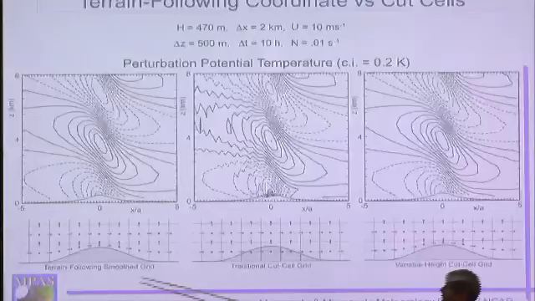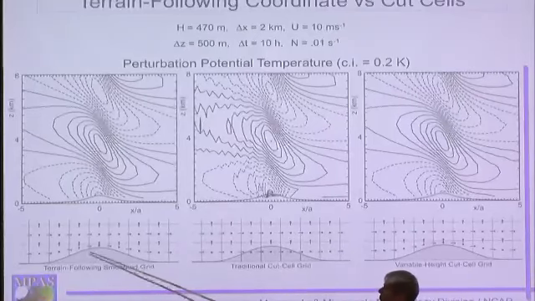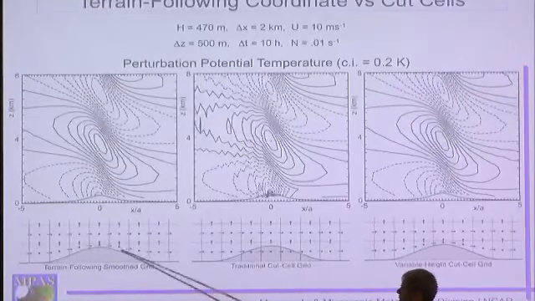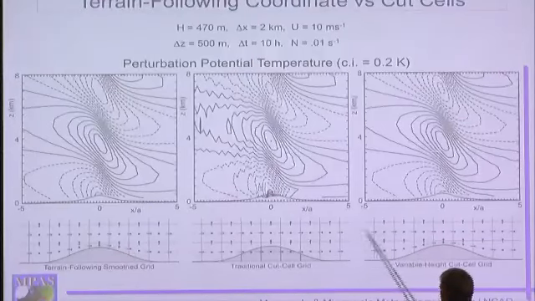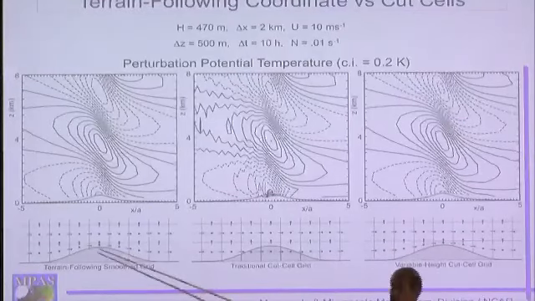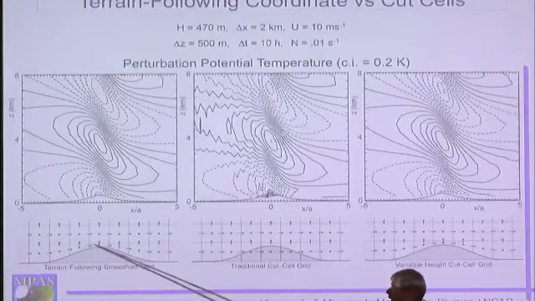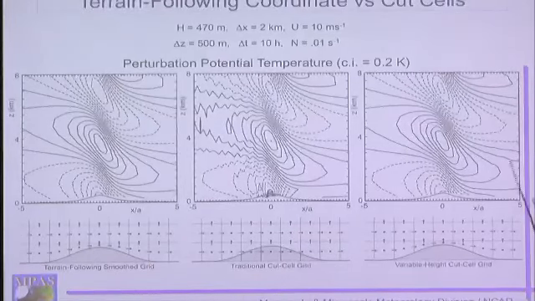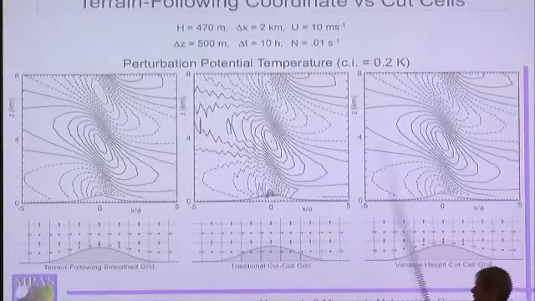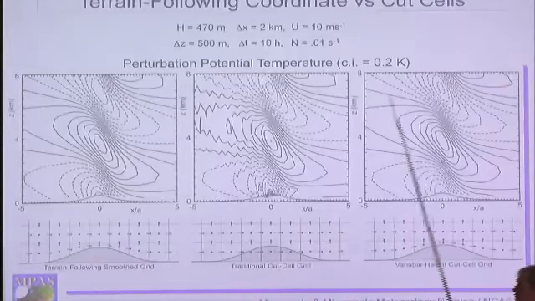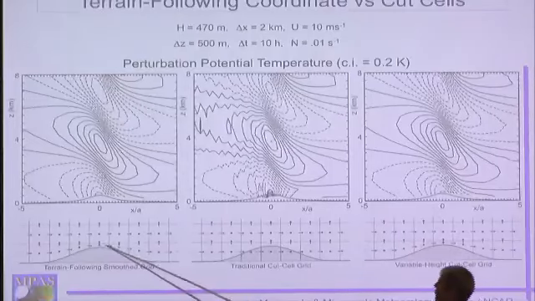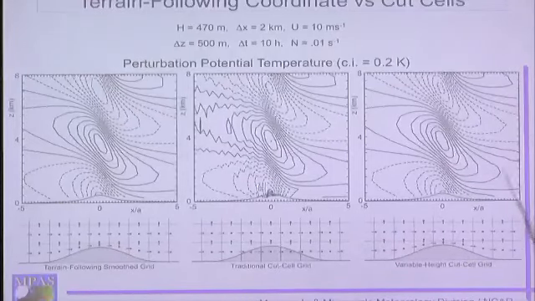So my terrain following smooth grid that I'm kind of using as a guide for what I should expect with the cut cell can only work as long as this height stays below that first coordinate surface. Yeah, I didn't mean to imply that I can just turn this on and run it as a replacement for cut cells. It'll go nuts if this goes through that first grid surface.